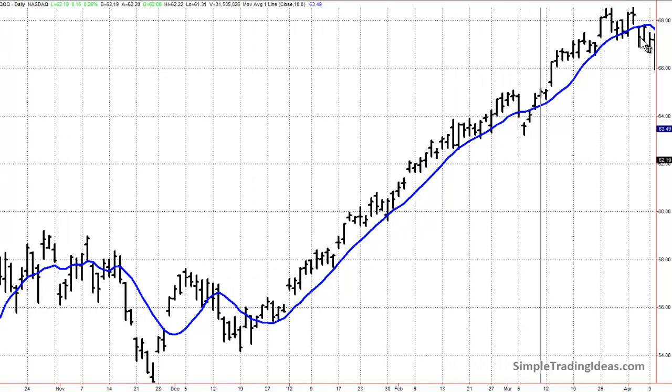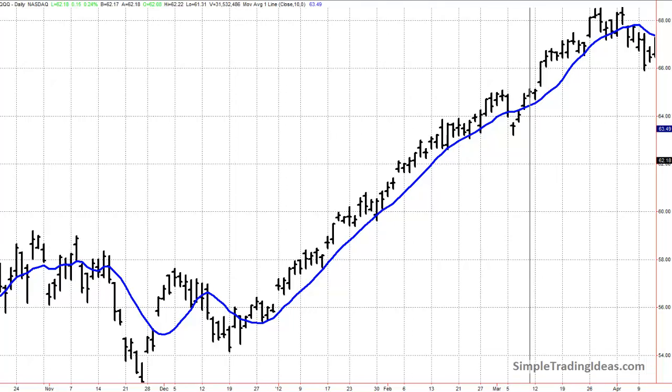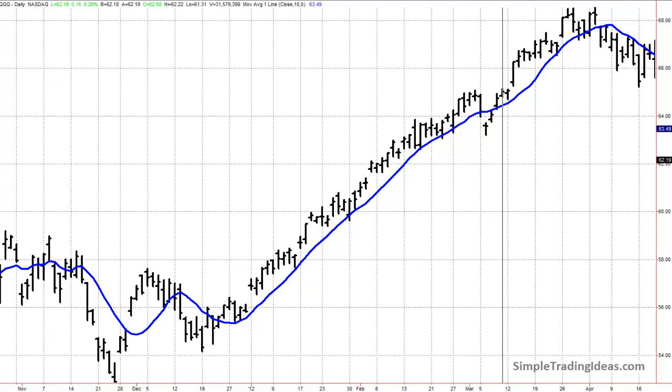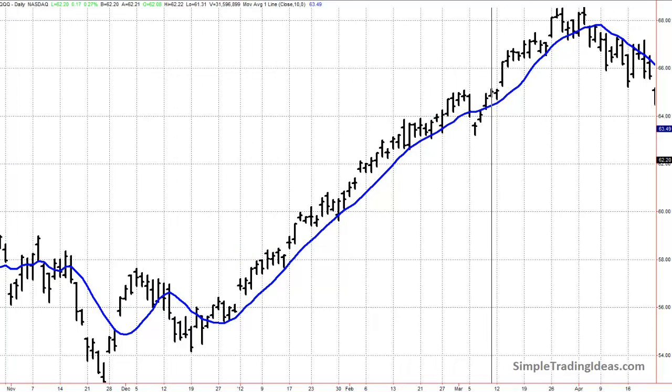Here is when we would exit our long, right at this point. And here is when we would actually sell short because we're beneath the moving average, right? So we're beneath the moving average, and we would officially be short.